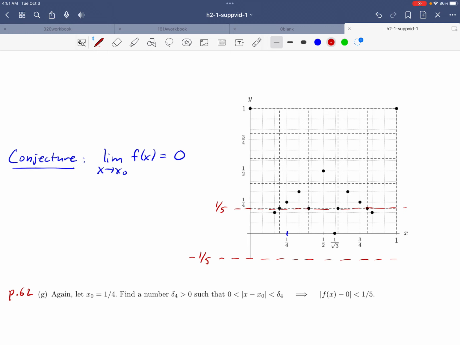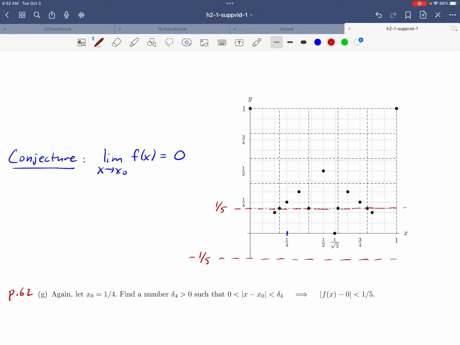And so we're trying to create a neighborhood around 1/4 so that if we plug in any x value in that neighborhood, excluding the point right at the center, the 1/4, all of our y values lie in that epsilon zone that we just created between here and here. Okay, and we'll use the same strategy that we used in the last video. To guarantee that all of our points are in that epsilon zone, we'll think about the points that we need to avoid, the ones that are not going to work, that are going to be outside of that zone.